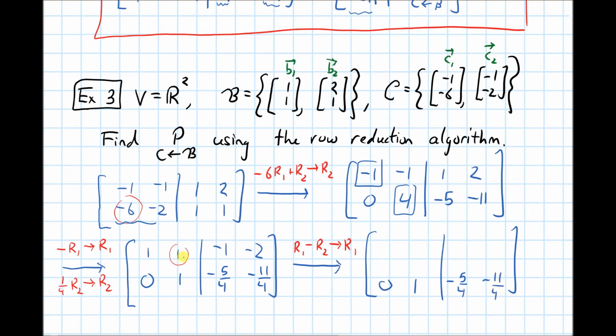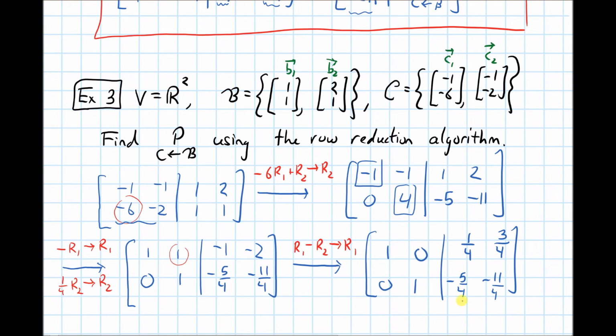On the top, I subtract the second row from the first. So I'll get 1, 0, -1 minus -5/4 is going to give me +1/4. And then -2 minus -11/4 will give me +3/4 if I get a common denominator.